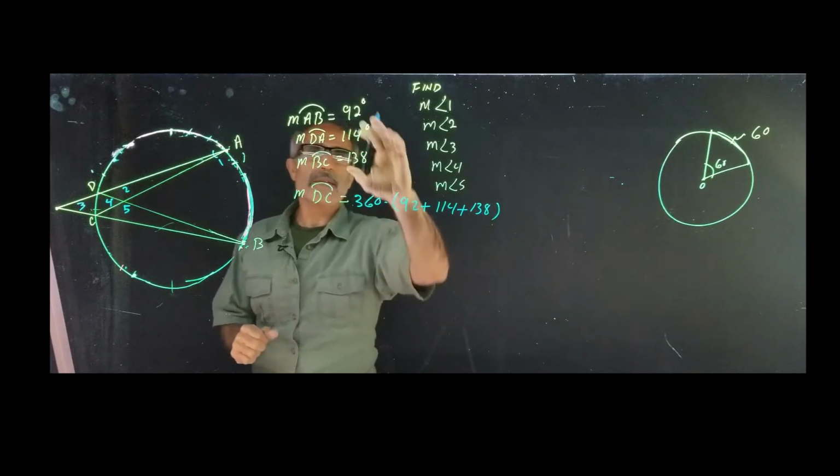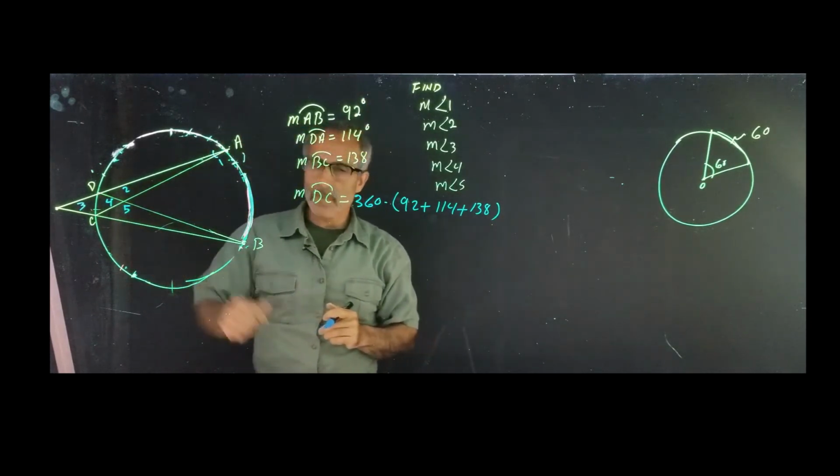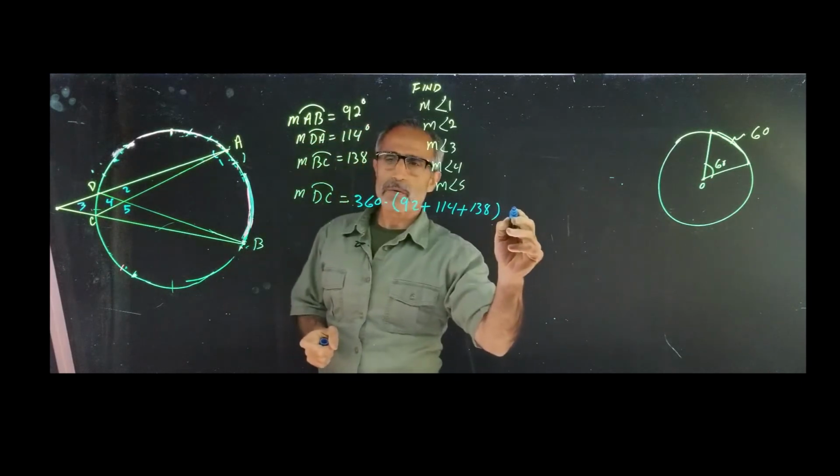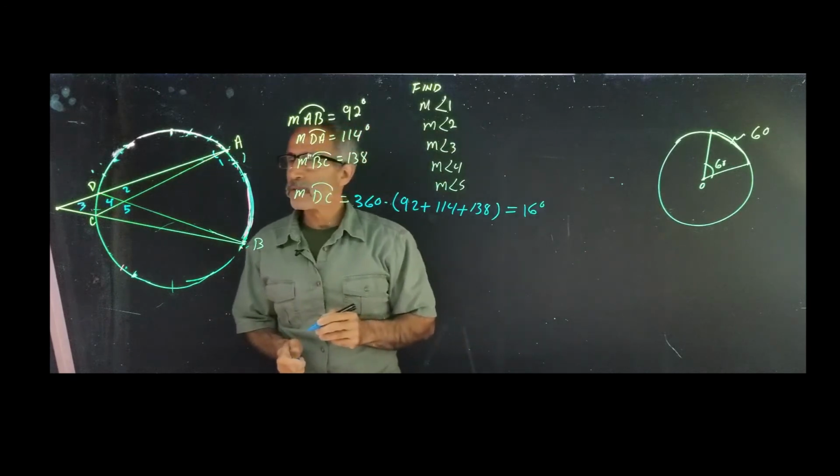Basically we take all these and deduct them from 360 to find out what that comes out to, which is 16 degrees.